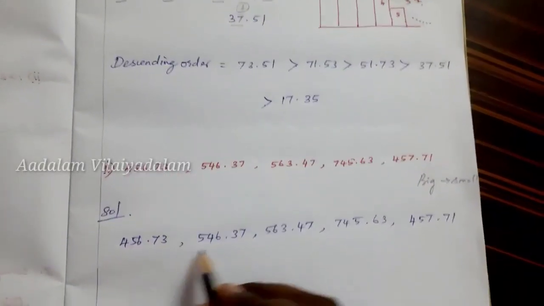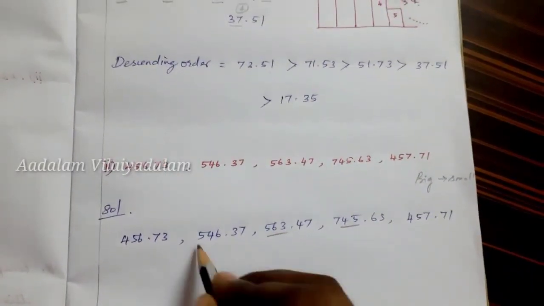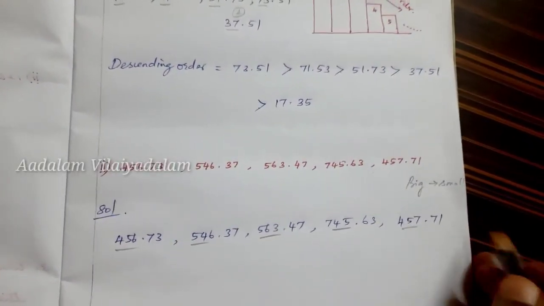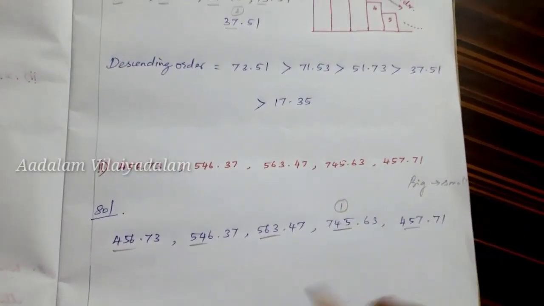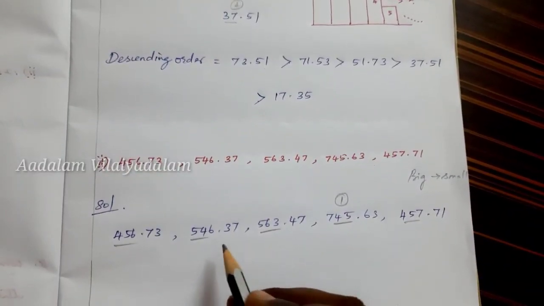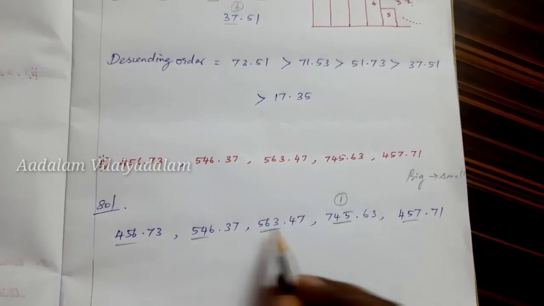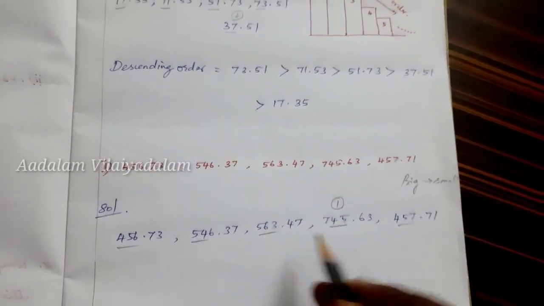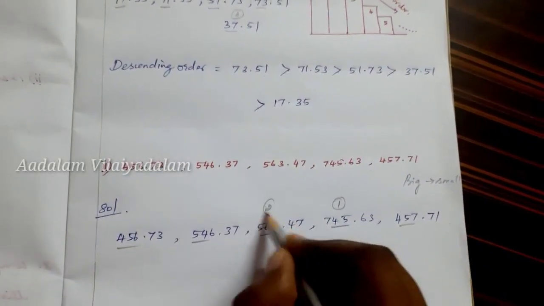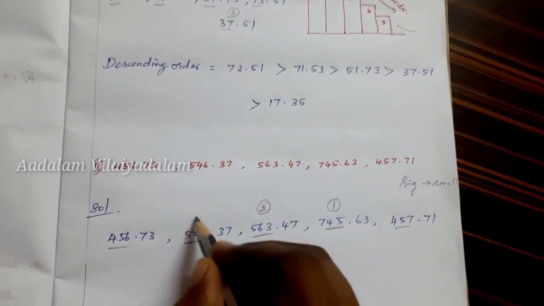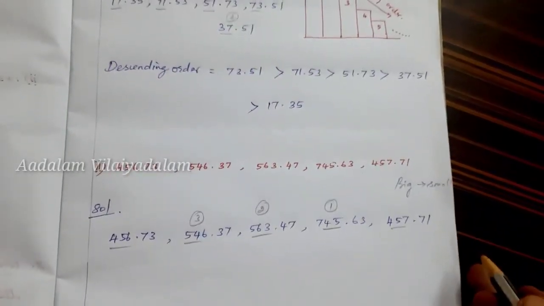What is the first bigger number? Compare the whole part. Here 745 is the bigger one. What will be the next one? 546, 563. Which one will be the next bigger number? This will be the one. Next, automatically this will become the third one.